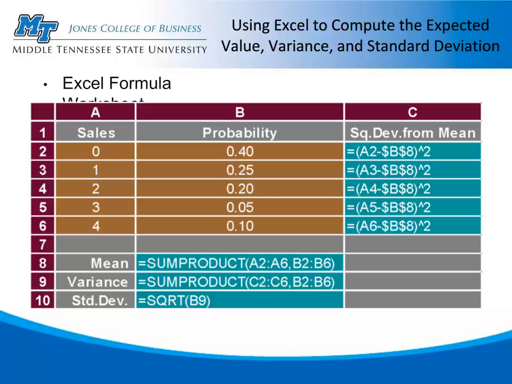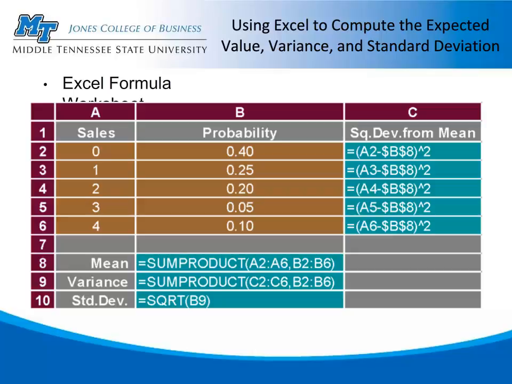So if you look down there in cell B8, equal, that's what you do for a function in Excel, sum product, left parenthesis, you give it the list of the values. So here the values are from A2 to A6, comma, give it the list where the probabilities are.